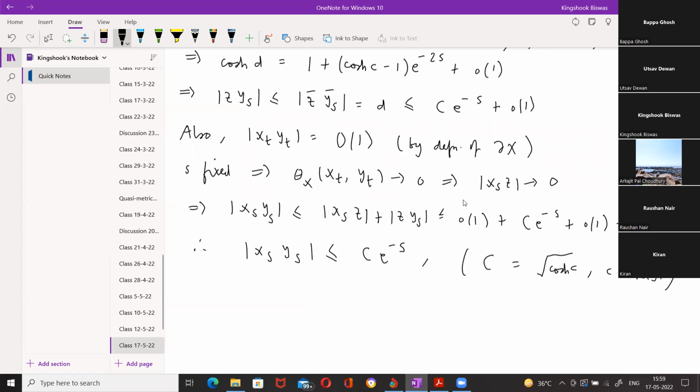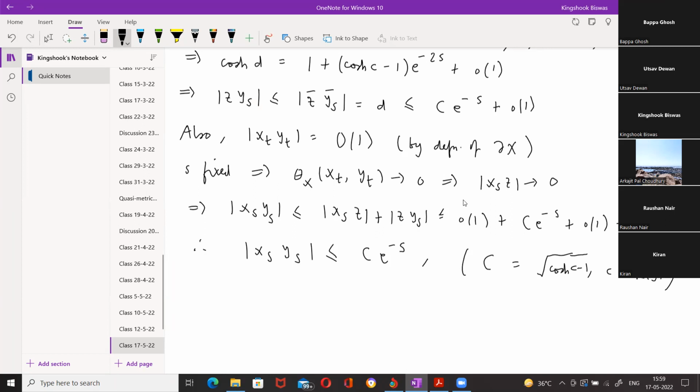Actually, you can take the square root of cosh c minus 1. This is good enough. If you go through the proof, you'll understand this, right? Because you get this cosh c minus 1 here, and you're taking the square root, and so that's it. So this is the exponential convergence of geodesics, right?